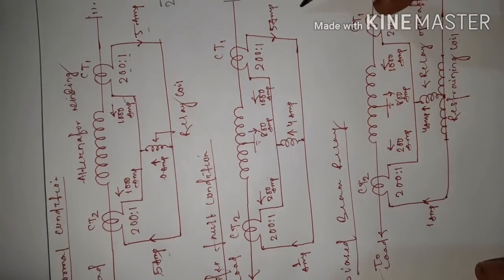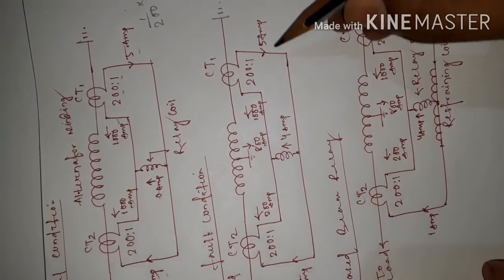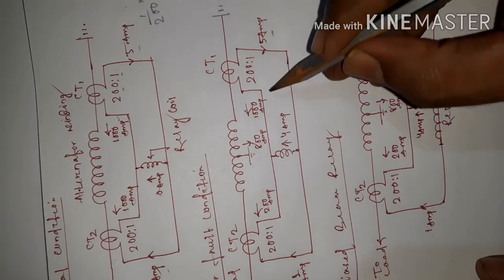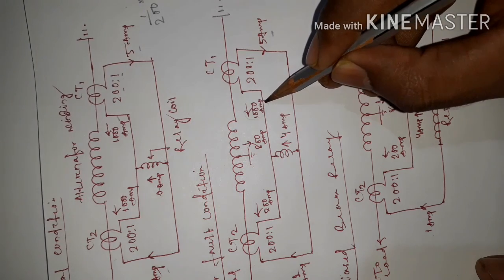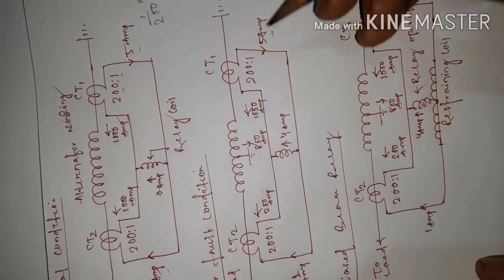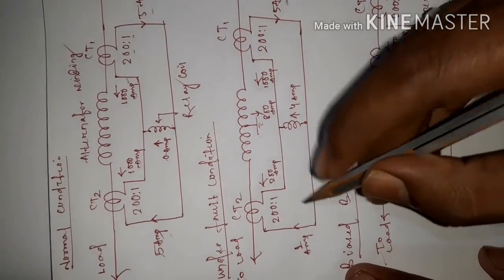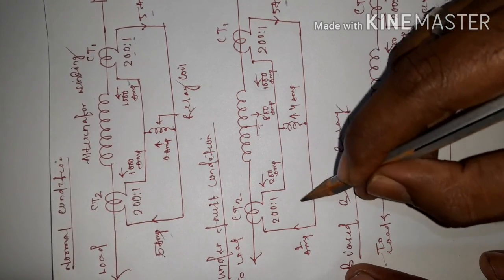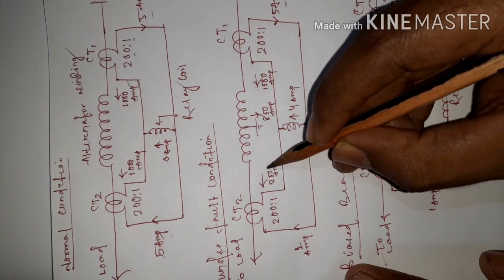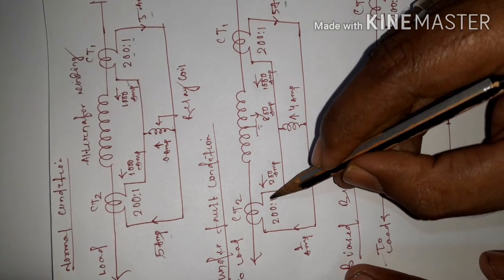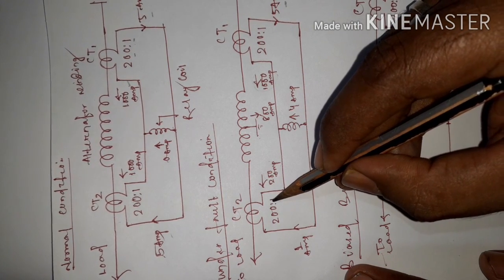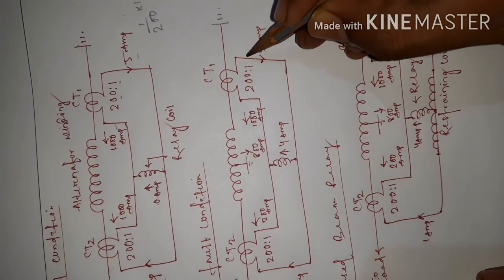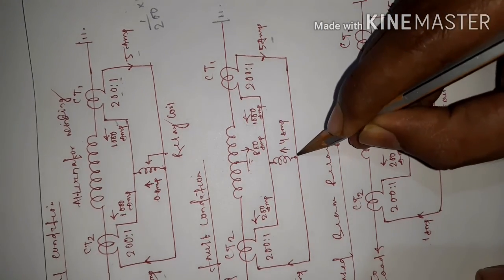In this condition, CT1 shows 5 ampere for 1000 ampere current flowing through its primary side, whereas CT2's secondary shows 1 ampere because 200 ampere current is flowing through the primary side of CT2. In this circuit, 5 ampere current flows up to that node.